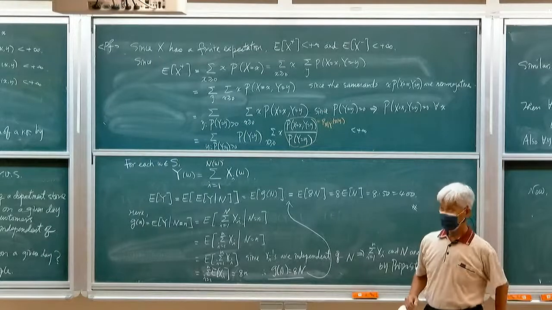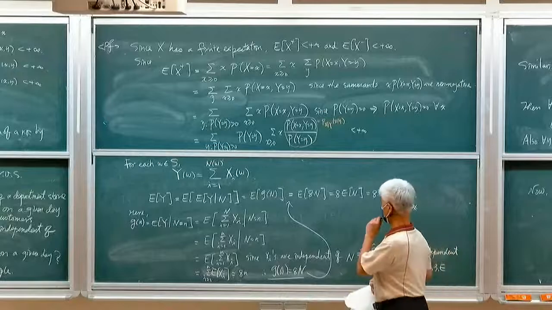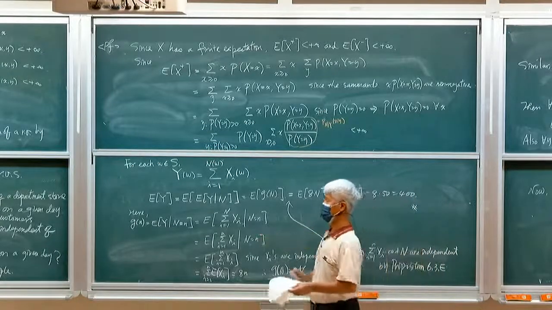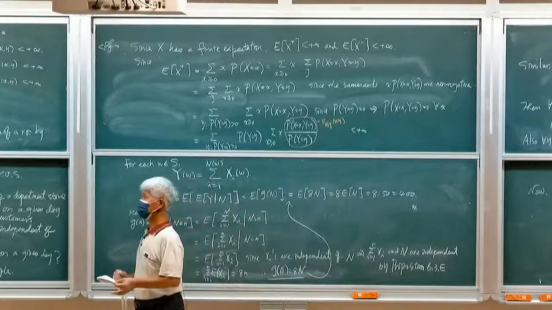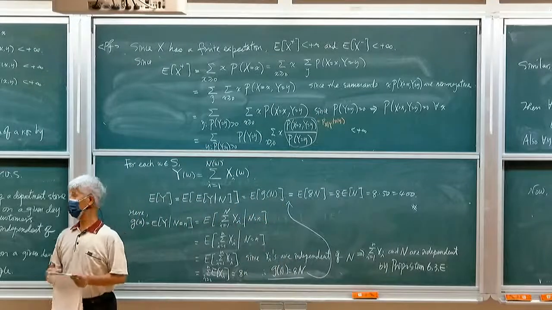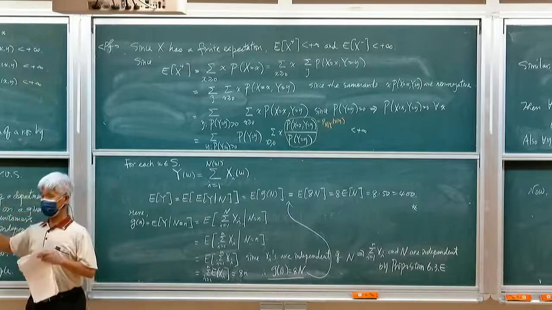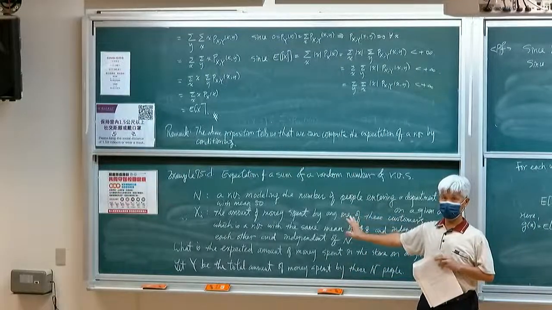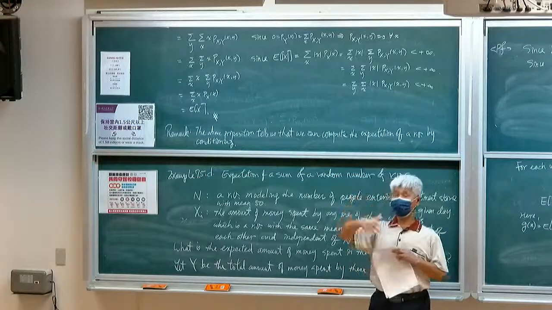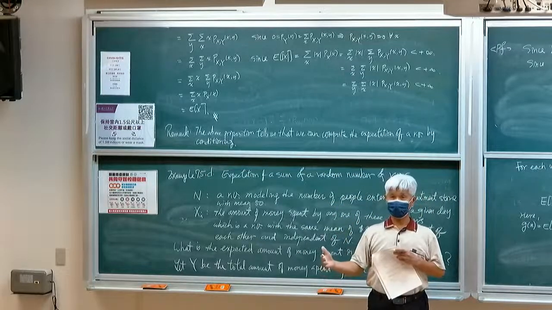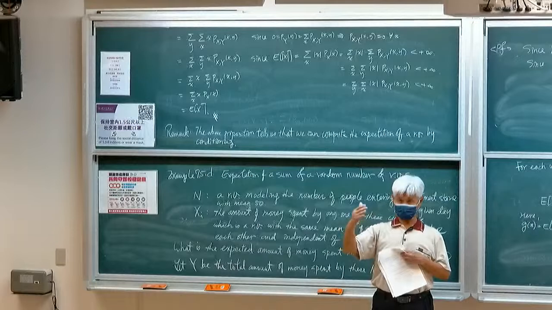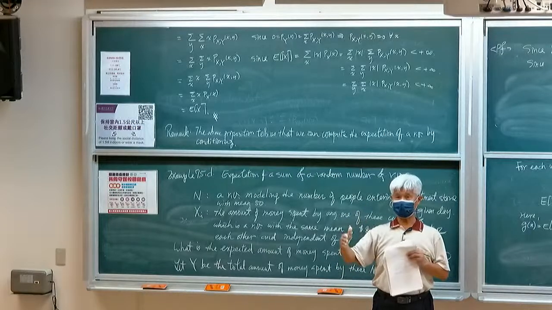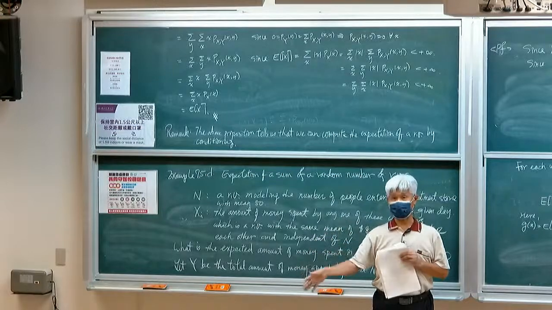Oh, in here, right? In this, okay. You can think about that because we have randomness in this: on different days there will be a different number of customers entering a department store.